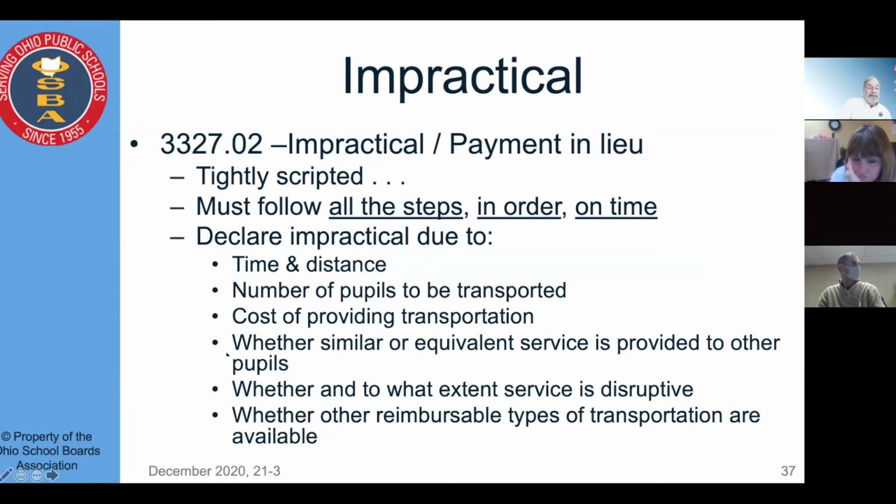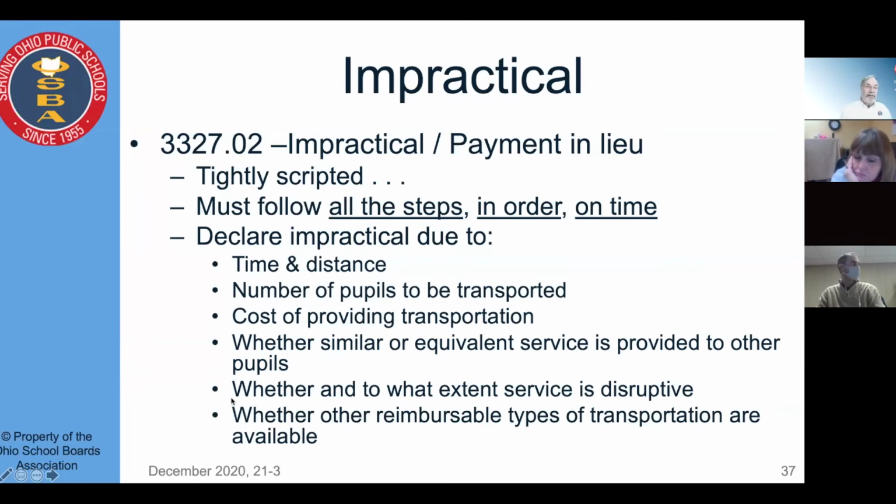This is the one that says, okay, you can't declare all non-public transportation impractical, right? Because you are providing similar or equivalent service for many of your public school students. You talk about whether and to what extent service is disruptive.